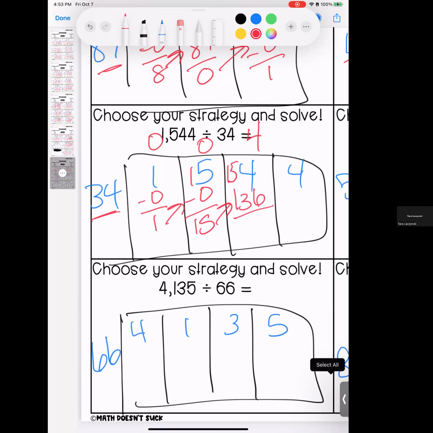When we subtract that from 154, we're left with 18, which we bring next door. The closest that we can get this time is going to be 5, which gives us 170. When we subtract, we're left with 14. Our answer is 45 with a remainder of 14.